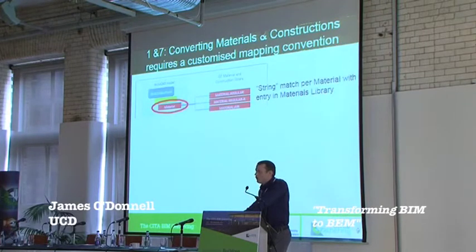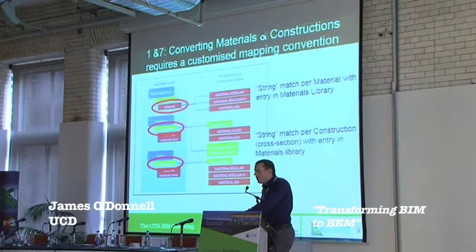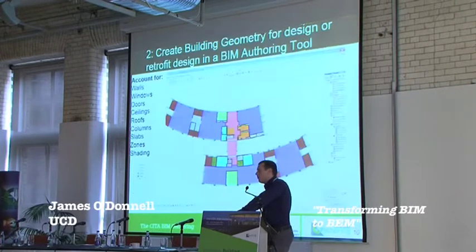That's just based on a string match with our external library, so we use a kind of proxy workaround in that case. It's a more simplified approach for windows and doors, and it's a string match per construction type. And it essentially aligns the different wall, window, door instances, etc., with the appropriate material and thermal properties.